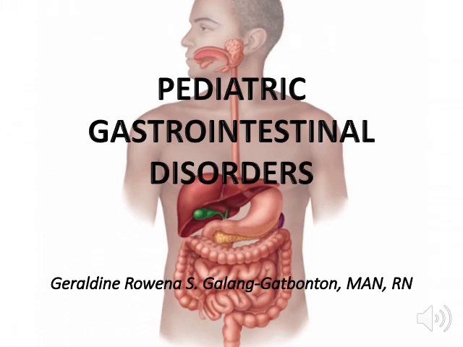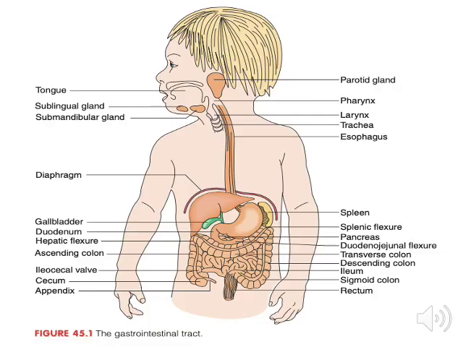This next lecture is about the pediatric gastrointestinal disorders. The GI system involves an alimentary canal with numerous organs seen in the photo. Because it is so long and diverse, a multitude of disorders can occur.